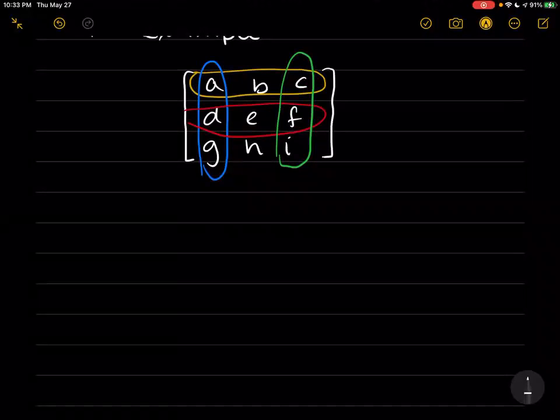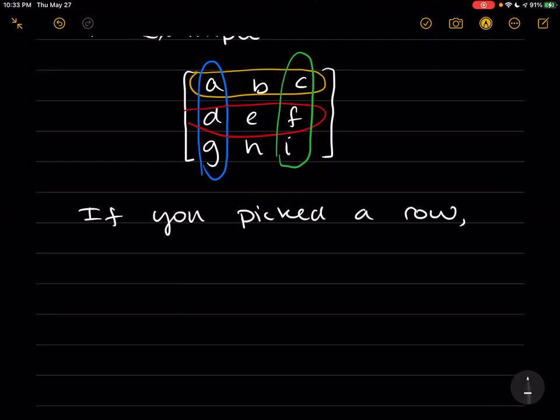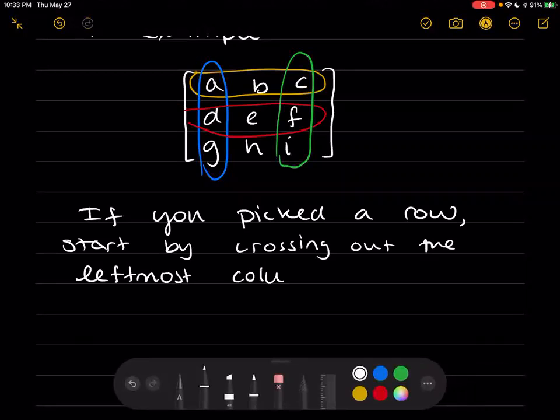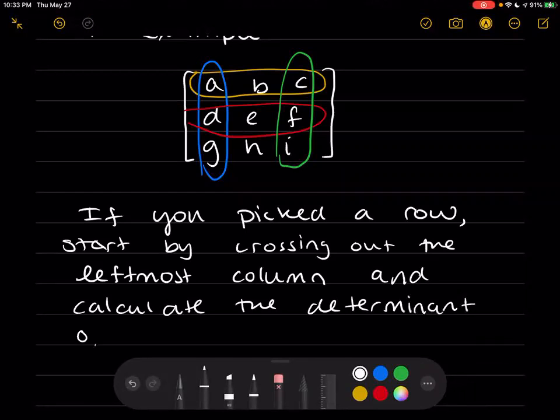So if you picked a row, you start by crossing out the leftmost column and calculate the determinant of what's left.